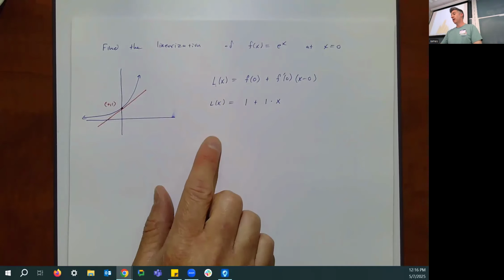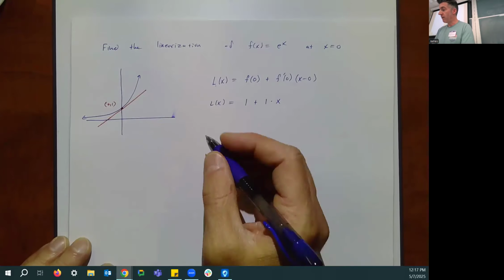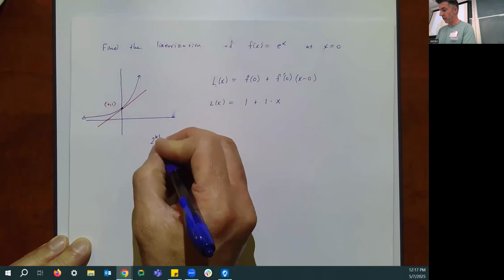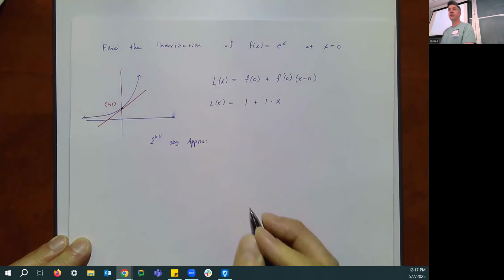The point is that if you use a higher degree Taylor polynomial, you get a better approximation of the function. So if I say I want, instead of a linearization, a second degree approximation, well, we just add on the next term.